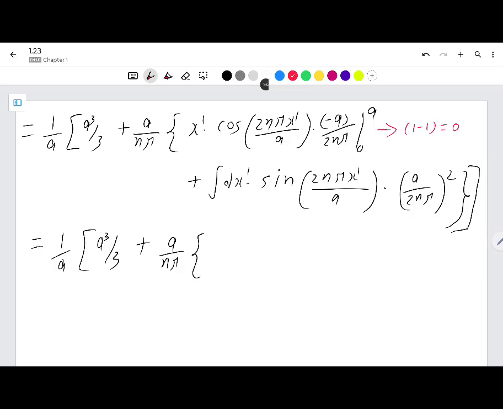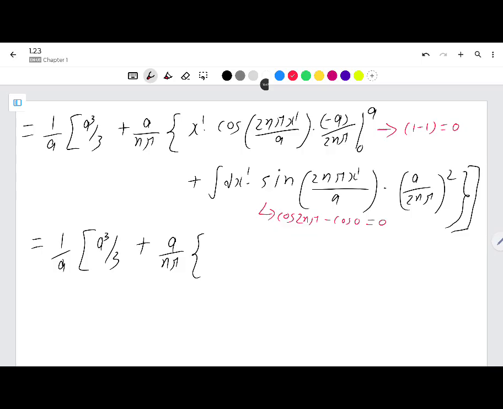And for this, how do we move forward? This integration will be cosine from 0 to 2n pi, minus cos 0, which is again 0.